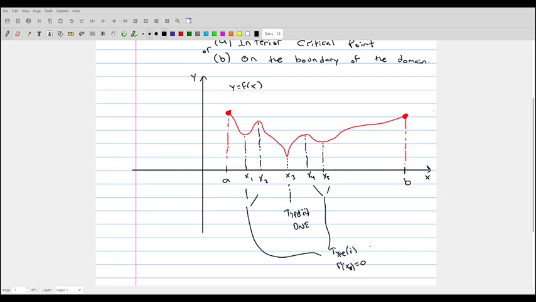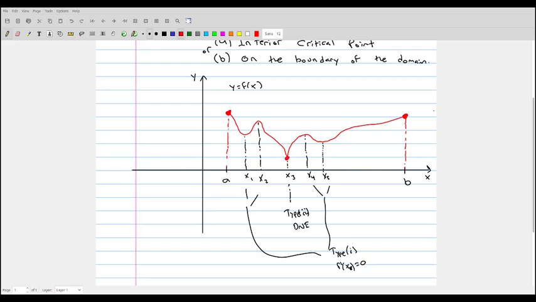And you see very clearly from this example function that all of the critical points are local maxes and or mins of the function, but the global max and min only occur at two separate points.